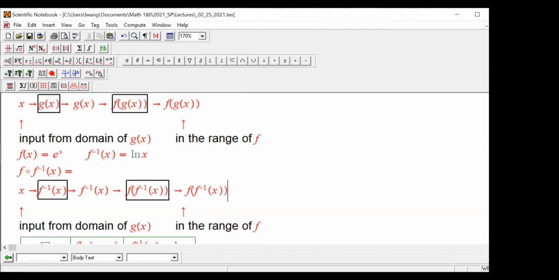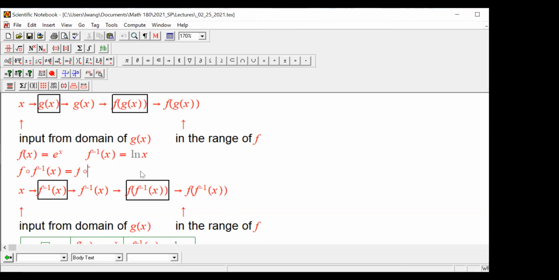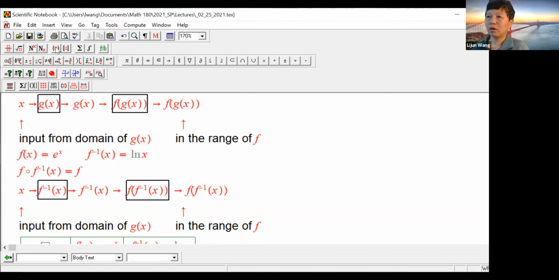So when we do F of F inverse, what would this be? F inverse is ln x.